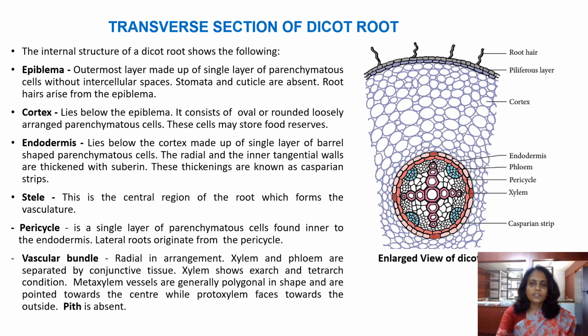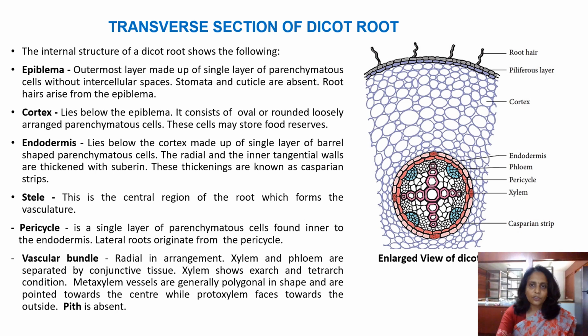The stele is the central part of the root, which is lined by the pericycle, which is single layered. The lateral roots originate from the pericycle. The vascular bundles are radial in arrangement, the xylem and phloem alternating each other.